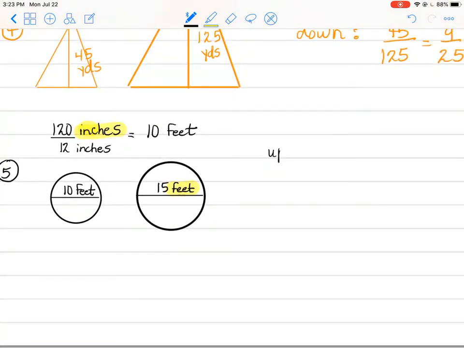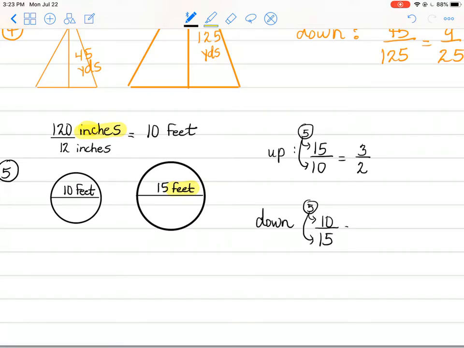So to scale this one up, remember mama is on top if you're scaling up, and that is going to be a division by 5, or you can use your calculator. Just be careful. You don't want 1 1/2, you want 3 halves. And then to scale down, baby goes first. So there's the scale down.